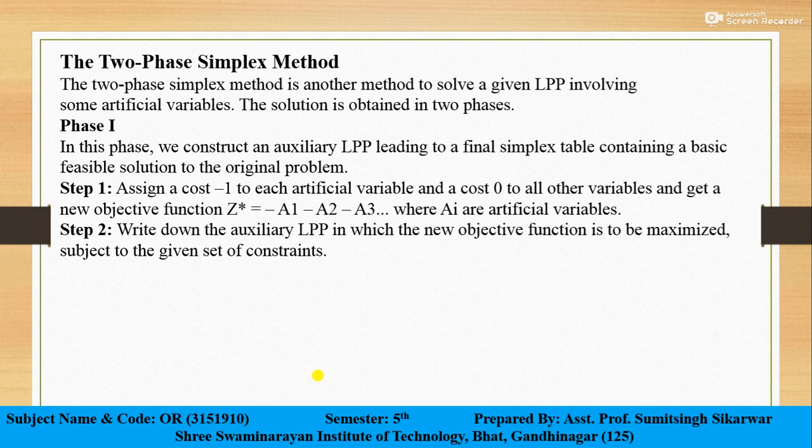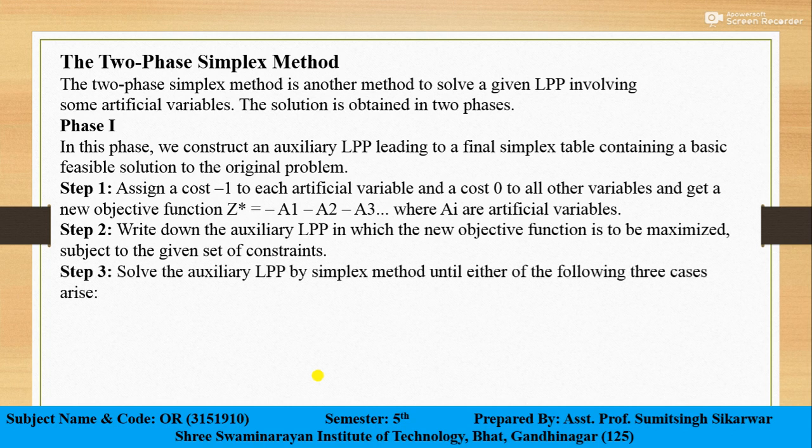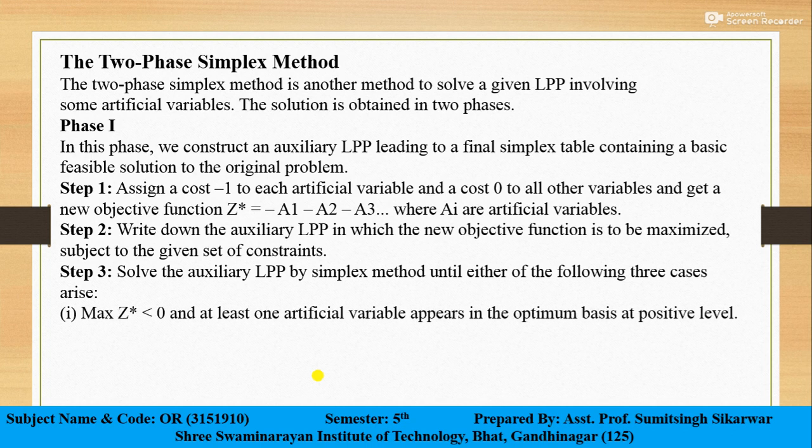In step 3, we will solve the auxiliary LPP by simplex method until any one of three cases arises. If we get maximum z star less than 0, then at least one artificial variable appears in the optimum basis at positive level.